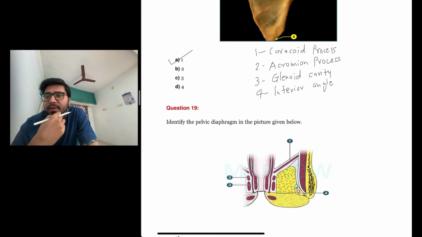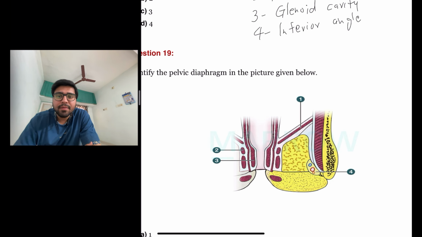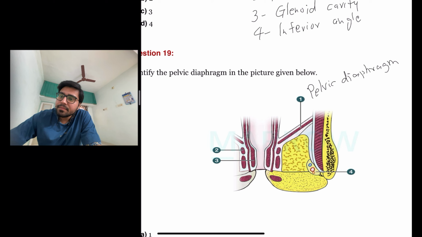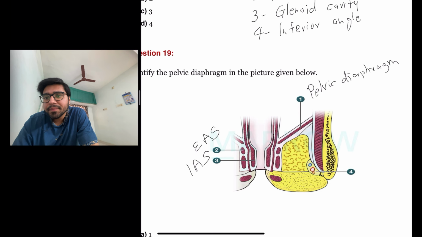The next question is, identify the pelvic diaphragm in the picture given below. So let us label first of all this diagram. The first one is pelvic diaphragm. The second structure is external anal sphincter. The third structure is internal anal sphincter.